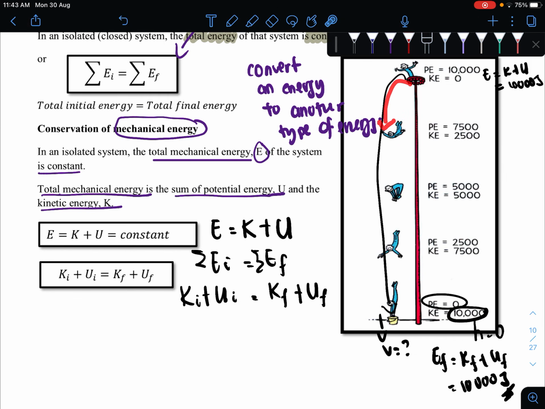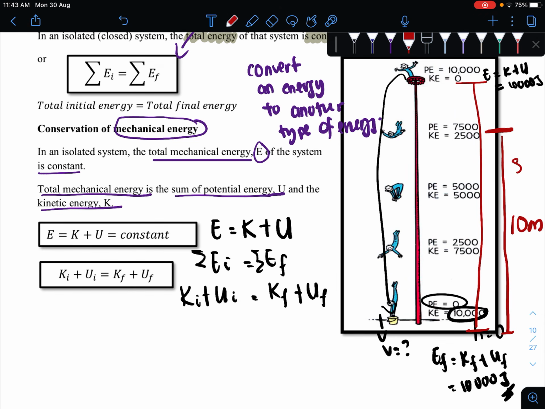Okay, so throughout the jump, you're going to reduce in height. Let us say we assume the original height is 10 meters. As you go down to this position here, your h is going to decrease. Maybe it becomes 8 meters. Okay, our h is decreasing. When h decreases, potential energy decreases. Alright, the potential energy is going to decrease. At that particular point, once you start jumping, you're going to have a velocity. Slowly your velocity increases. So when velocity increases, we will have kinetic energy.